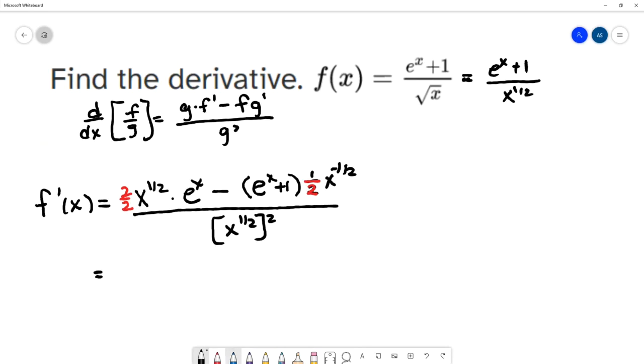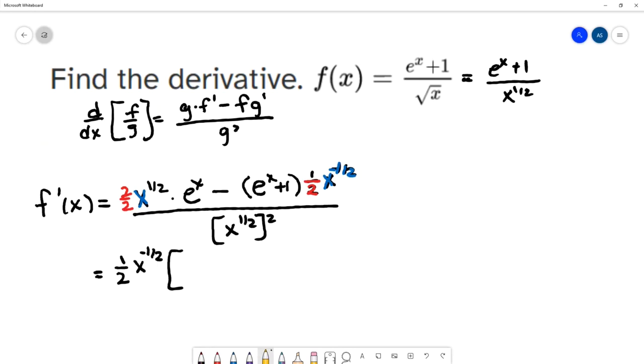I also notice that I have a factor of x on the first term and a factor of x on the second term, and I'm going to factor out the lower of the two powers. So we have 1/2 x to the negative 1/2 as what we're factoring out.